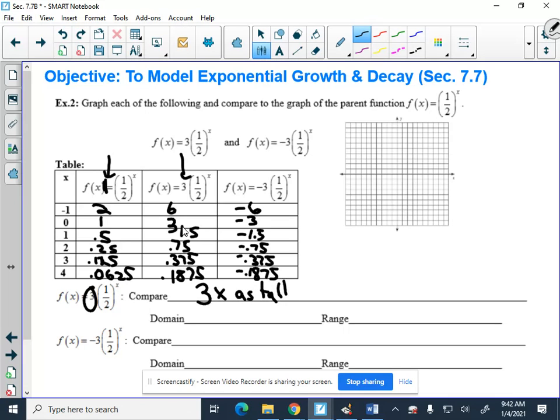If we were to graph them, the first one, I'm going to graph this one here in black quick. I'm just going to graph a couple. You can graph with me. At -1, we're up 2. Then we're up 1. It would look like this. Next one, I'm going to graph this one in red.